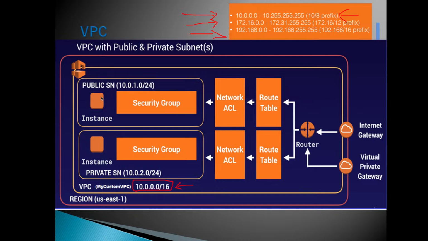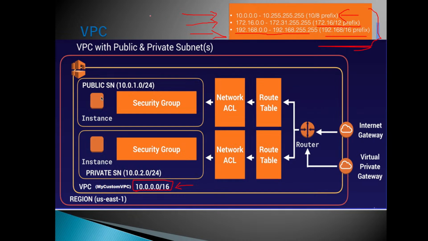Then 172.16.0.0 to 172.31.255.255, that is 172.16 slash 12. Next is 192.168.0.0 up to 192.168.255.255, that is 192.168 slash 16. So these are the IP ranges we can use.